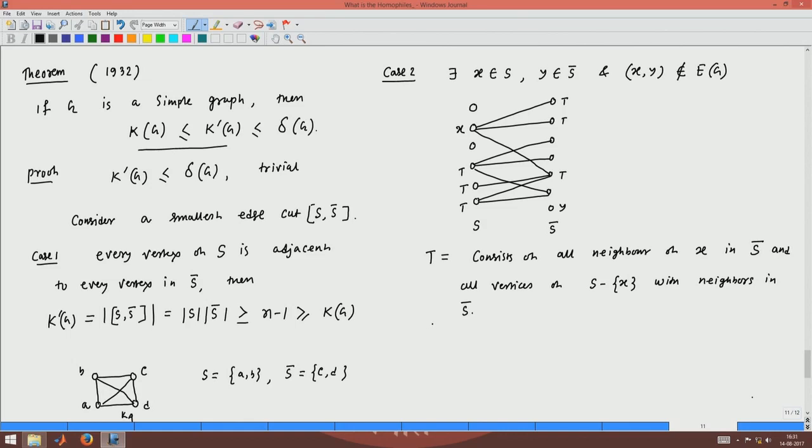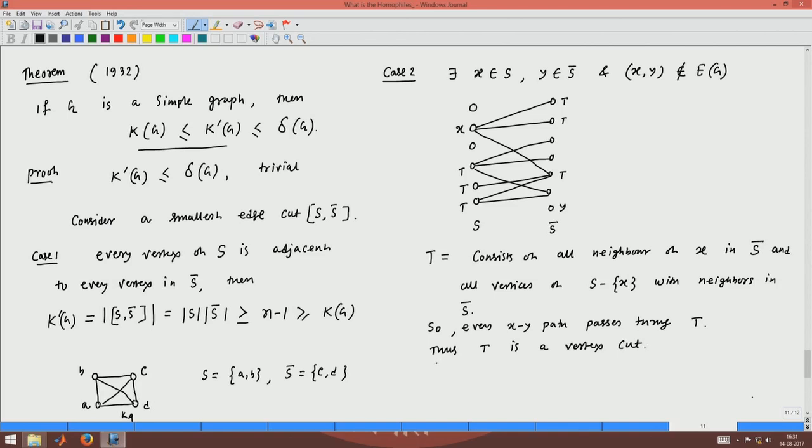So, every xy path passes through T. Thus, T is a vertex cut, right.